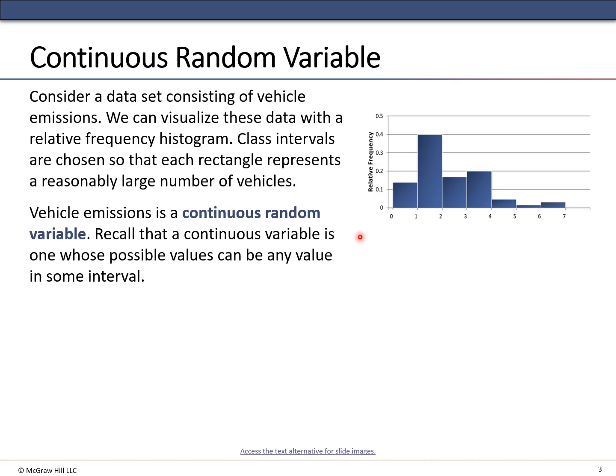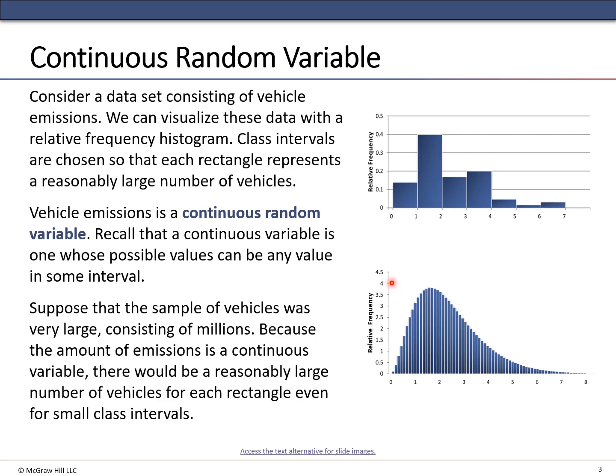But vehicle emissions is a continuous random variable. Recall that a continuous variable is one whose possible values can be any value in some interval. So instead of just being 1, 2, 3, or integers or whole numbers, you think of a continuous variable with decimal places. Between 0 and 1, there are an infinite number of possibilities as long as we keep moving the decimal place out.